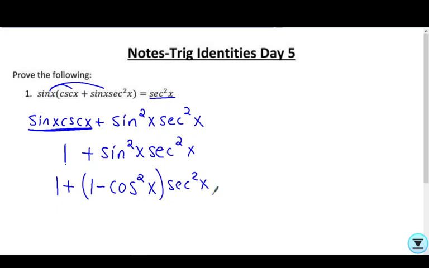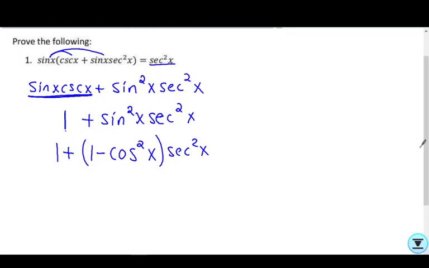Next, we're going to do what we did initially, and again distribute in secant squared. So we get 1 plus secant squared minus, and just like sine times cosecant is 1, secant and cosine are reciprocals, so when I multiply secant squared times cosine squared, I get 1.